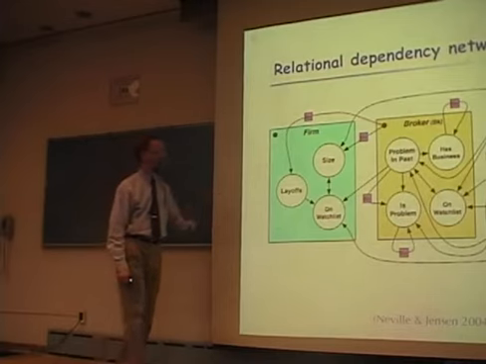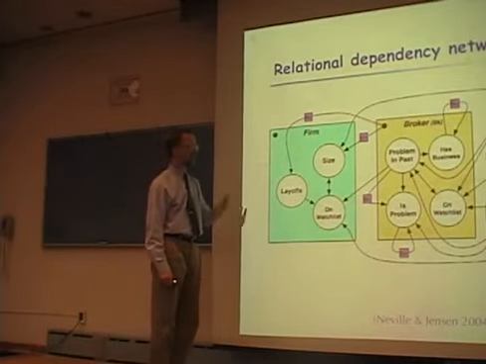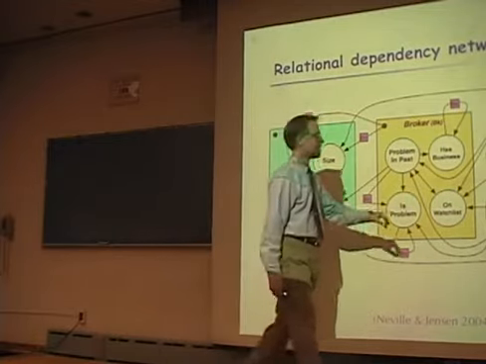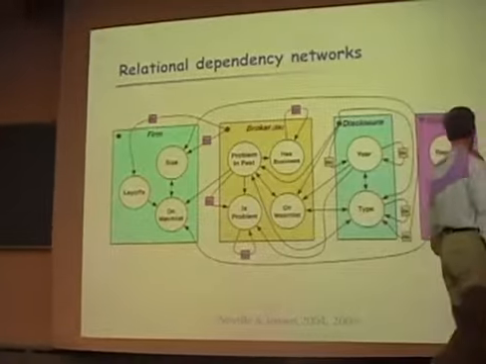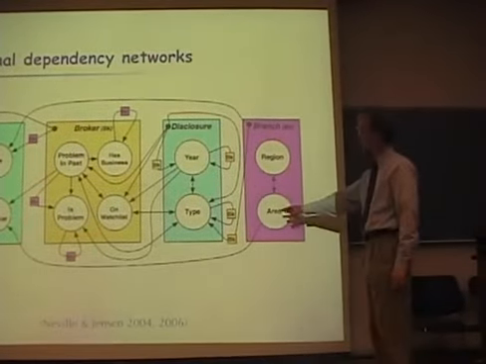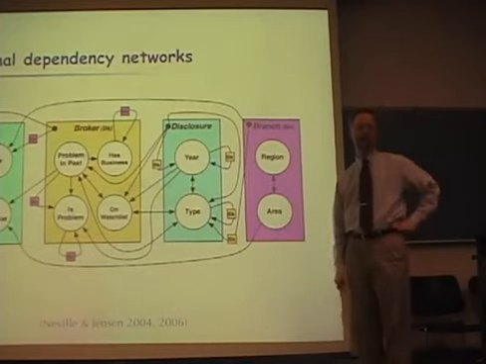But there are other dependencies that were interesting and surprising to NASD examiners, specifically things about, for instance, the area code of a branch affects whether they're on NASD's watch list.